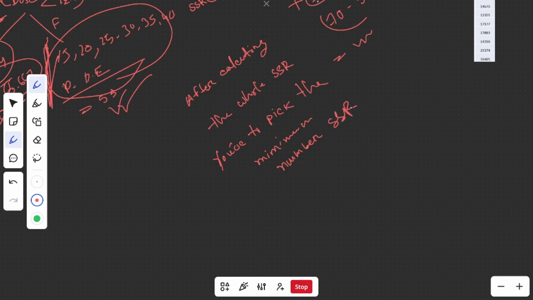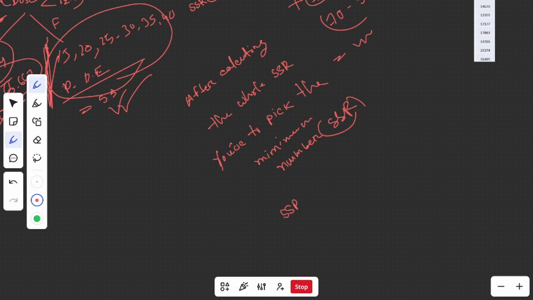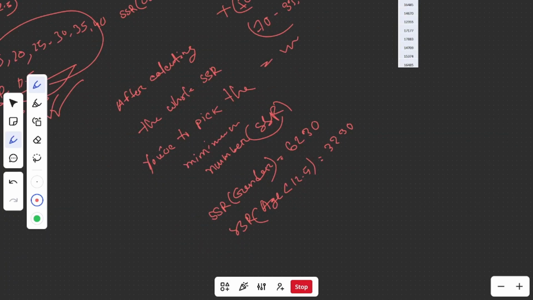Minimum of SSR will be the result. So suppose SSR of gender is equal to 6230, SSR of age less than 12.5 is equal to 3230, then we will pick this as the minimum value.